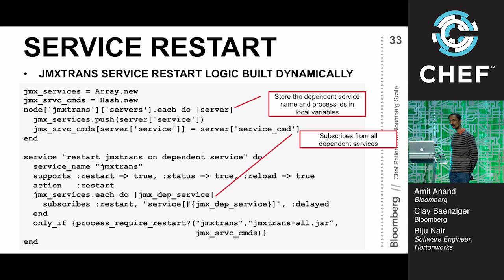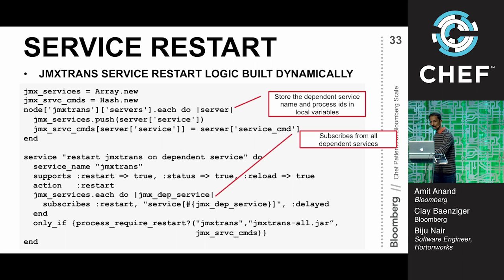But what happens if any of these multiple dependent services gets restarted externally? Say, for example, an admin went in and restarted it, or Upstart bounced that service. Since we are dependent on JMX trans to do our alarming and alerting system, we want to make sure that JMX trans gets bounced again.